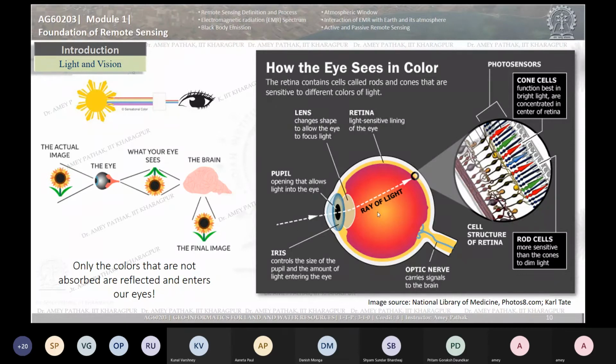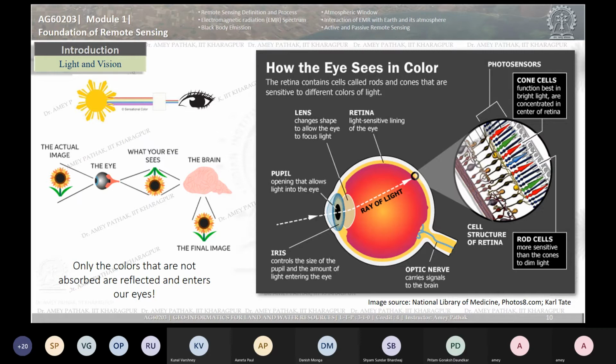Now, how does it happen? Although this is not very important and is more related to biology, when I'm explaining this, I'm trying to make you relate it with remote sensing, or the sensors located on a satellite. Sensors also do the same thing. They sense the energy reflected in different wavelengths, which is perceived by the sensor.